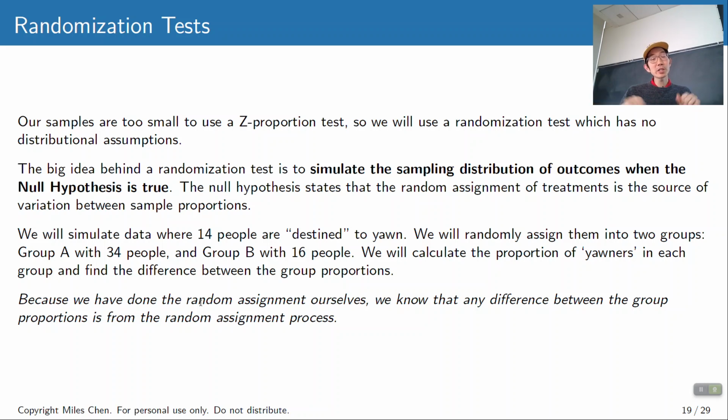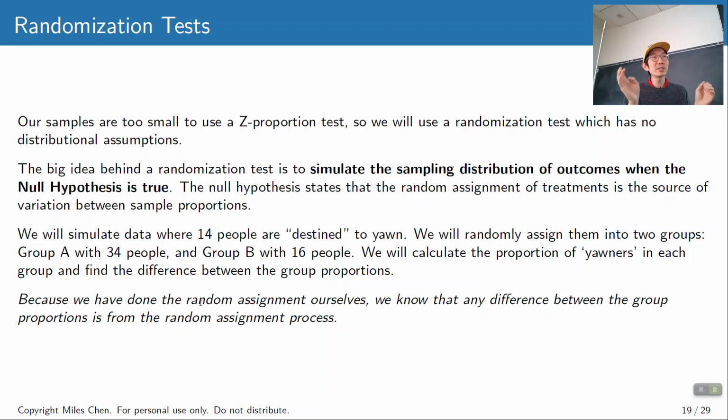So we are in control of the shuffling process ourselves, and we know that just by randomness, some of those yawners are going to end up in group A, some of those yawners are going to end up in group B, and we know the only reason why some people ended up in group A and group B is because we shuffled it up, right? We didn't do any kind of seed, yawn, or control group.